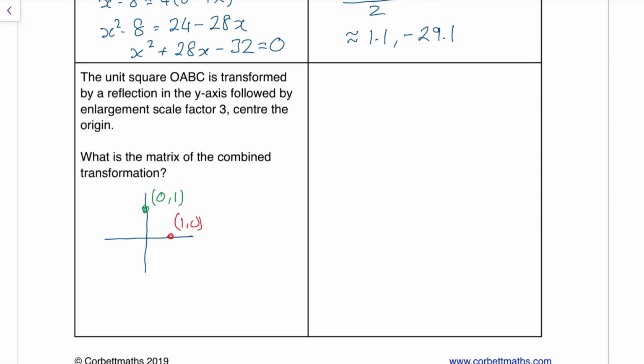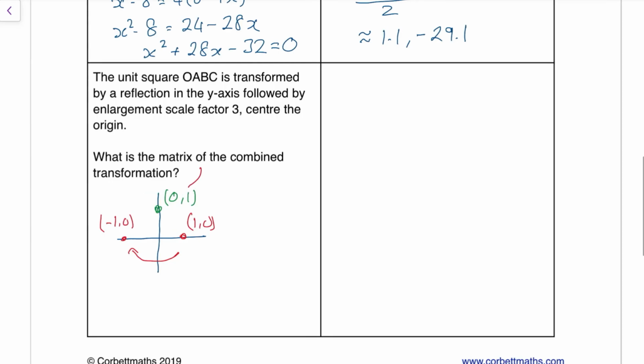Well, if I reflect in the y-axis, then 1, 0 is going to become over here, so that's going to become minus 1, 0. And then if I stretch it by scale factor 3, both of these are going to multiply by 3. Let's draw it over here so it's clear what's happening. My ending points are going to be, this one has come over to minus 3, 0, and the green one is in the same place, but it's going to be 0, 3.